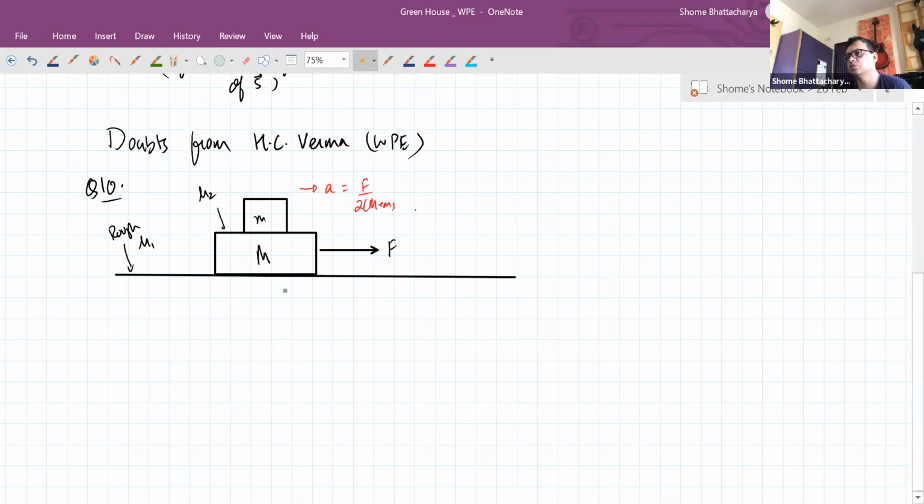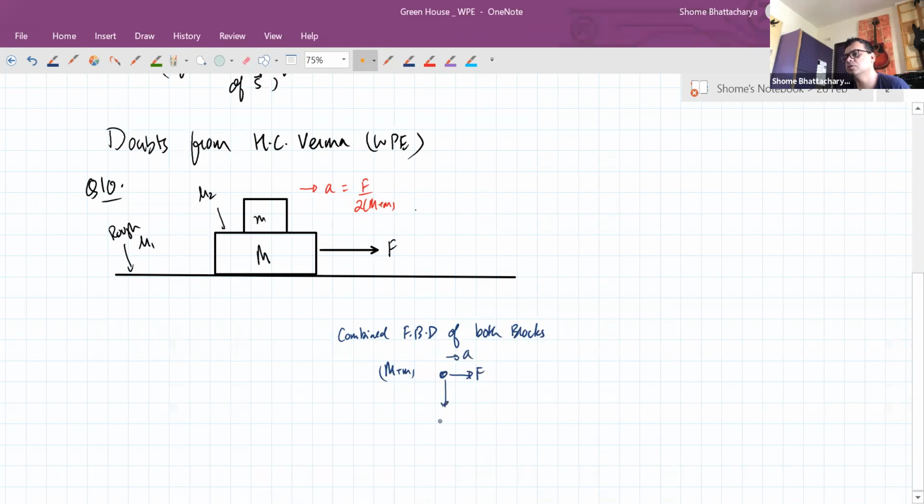Okay. So from this, what we can predict is that if you make a combined FBD of both blocks, you can see that the combined mass is m plus m. There's only one horizontal force acting on it.